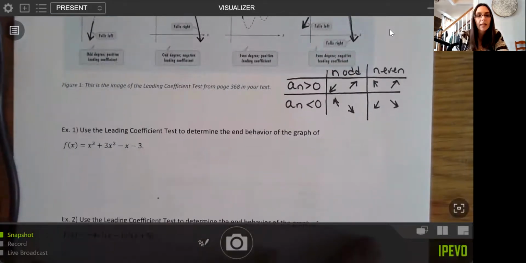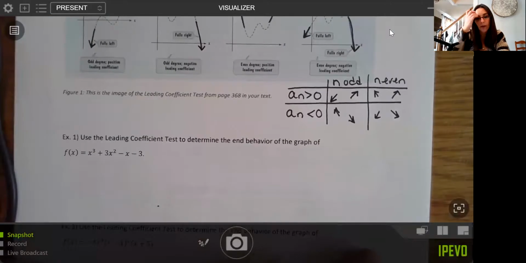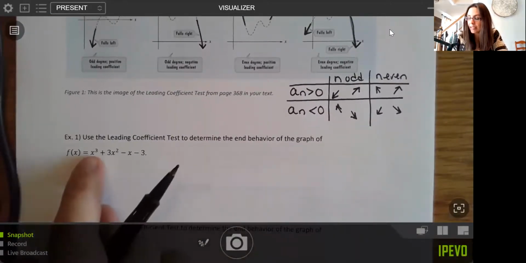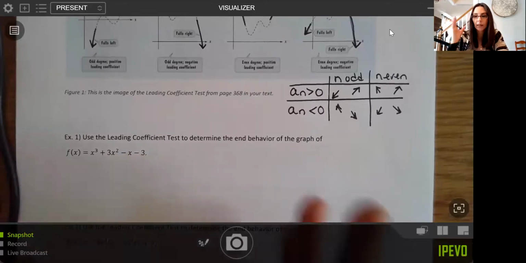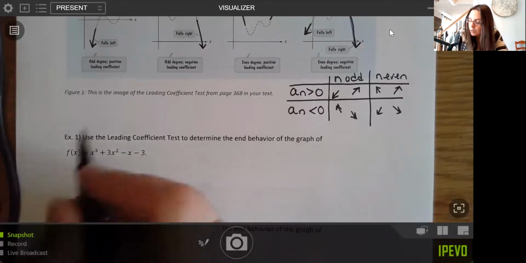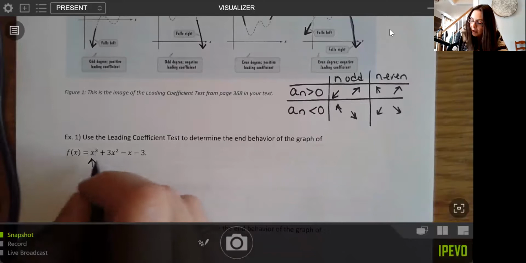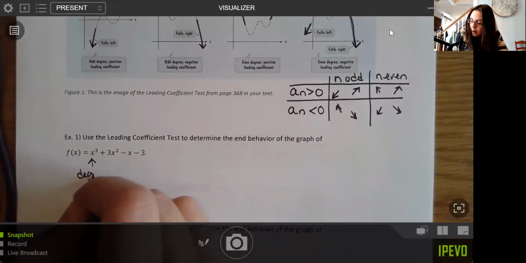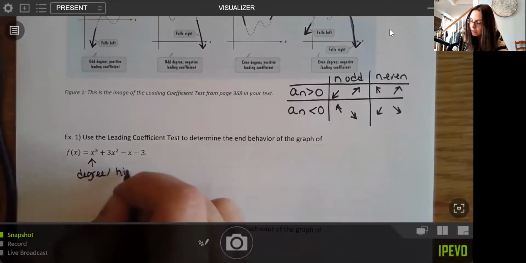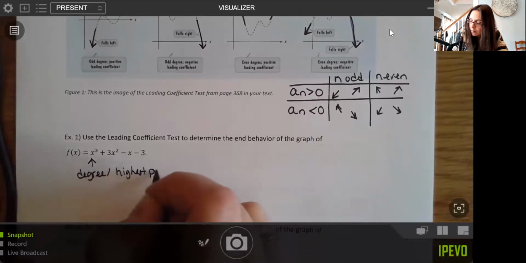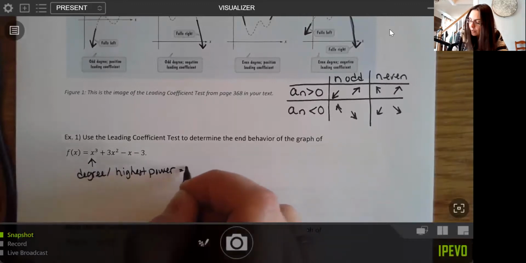So let's use the leading coefficient test to determine the end behavior of the graph of this function. So do notice that my powers are descending, which is really helpful. We do like to write our polynomial as descending. So right here, I can see that my degree or my highest power in this case is equal to 3.